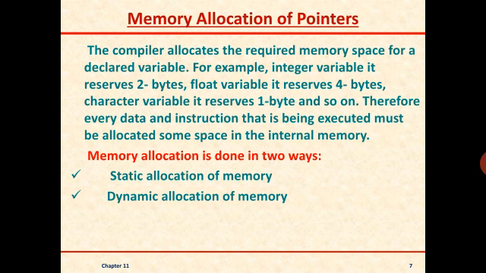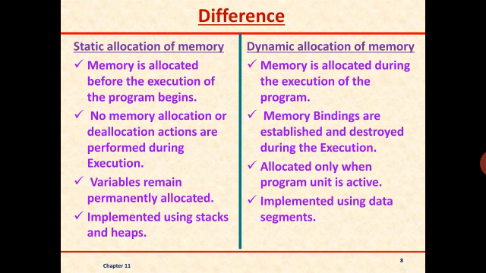But for pointers, the memory is allocated in two different ways: one is static allocation of memory, the second is dynamic allocation of memory. There is a difference between them. Students, this is important for a 3-mark or 5-mark question.